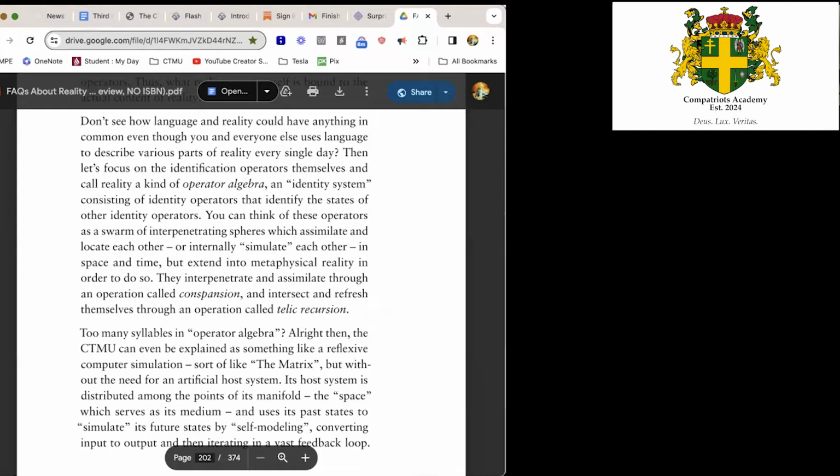Because we said that reality is syntactically isomorphic to the CTMU, the CTMU contains the answers to all these things. And that's why the CTMU is structured based on these paradoxes. This is how Chris Langan said he came up with the CTMU: he thought about all these paradoxes, and the resolution has to come from this unified model that is actually descriptive of reality.